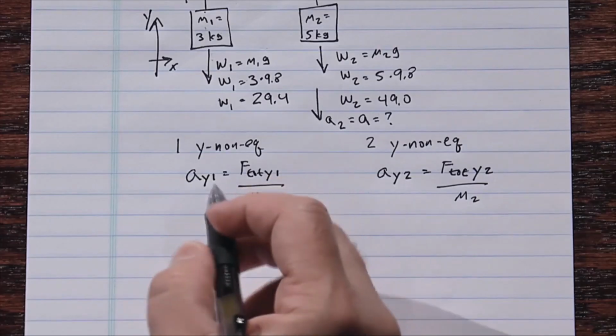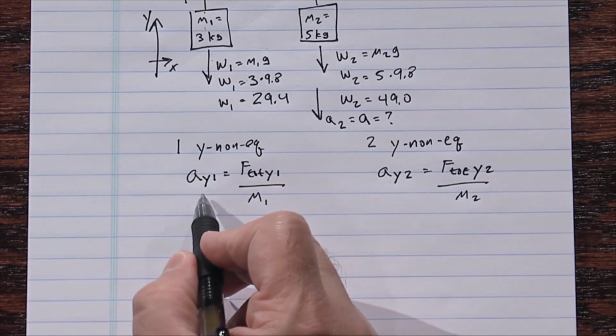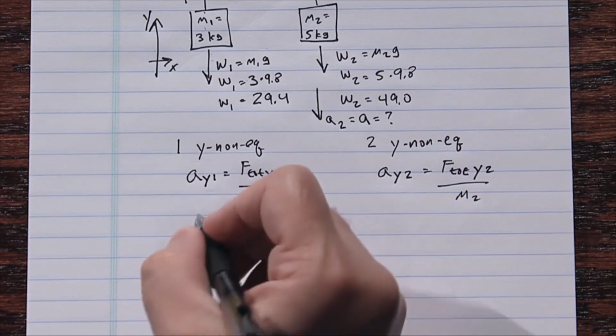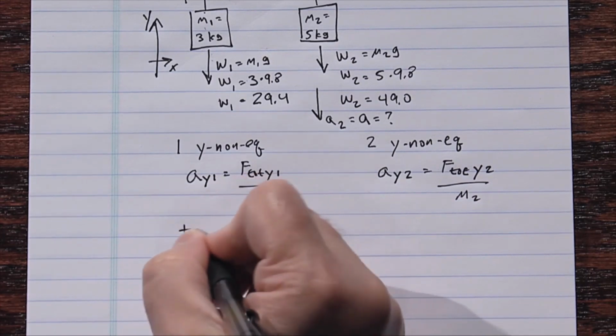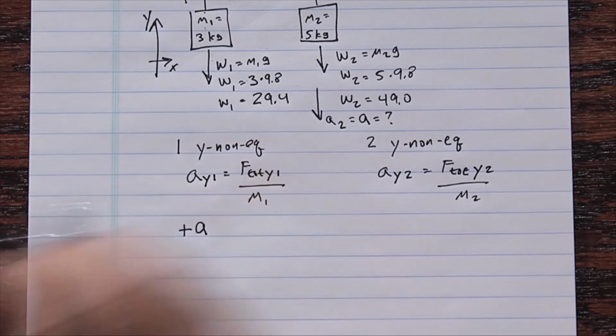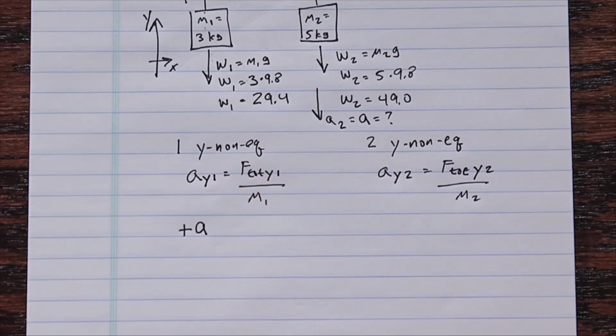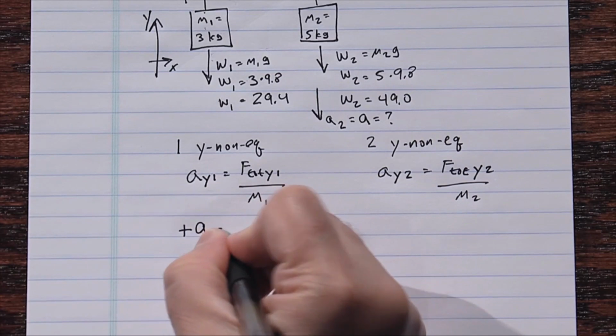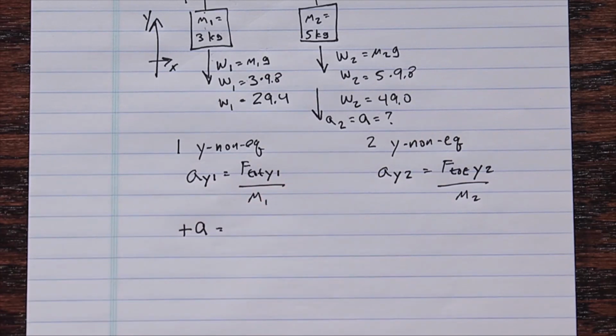Well, let's see. The acceleration of block 1 in the Y direction is positive. Block 1 is accelerating upwards, or we assume, and it's accelerating with an acceleration of A. That is equal to the total force in the Y direction, the upward forces minus the downward forces.